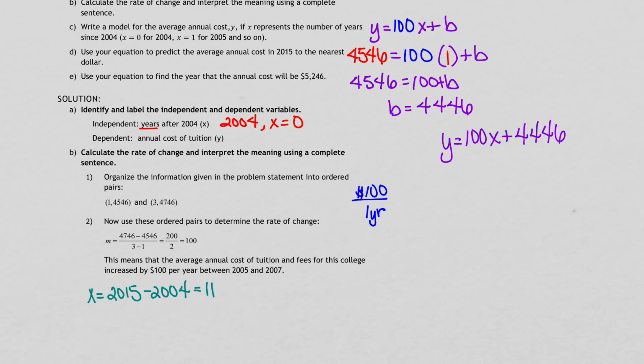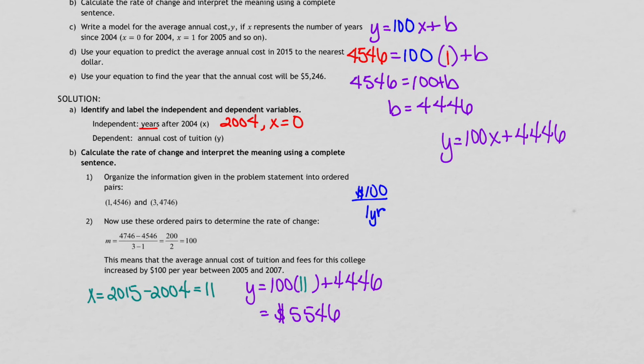We're going to plug in 11. y equals 100 times 11 plus 4,446. 100 times 11 is 1,100, plus 4,446 is $5,546. That would be the cost of tuition in 2015.